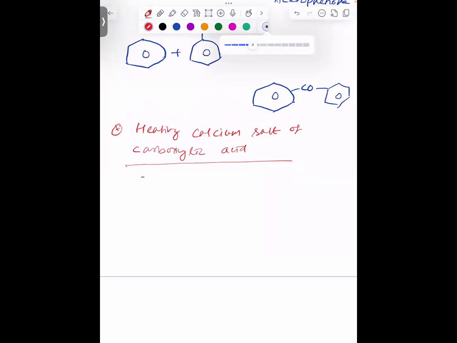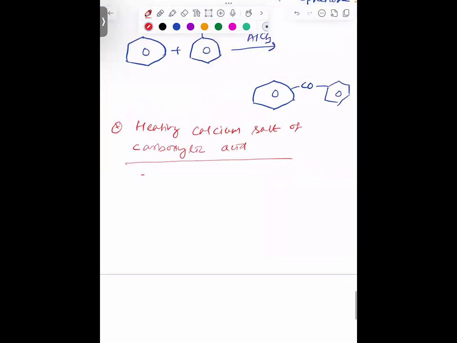When calcium salt of carboxylic acid is heated, it releases calcium carbonate and one ketone.